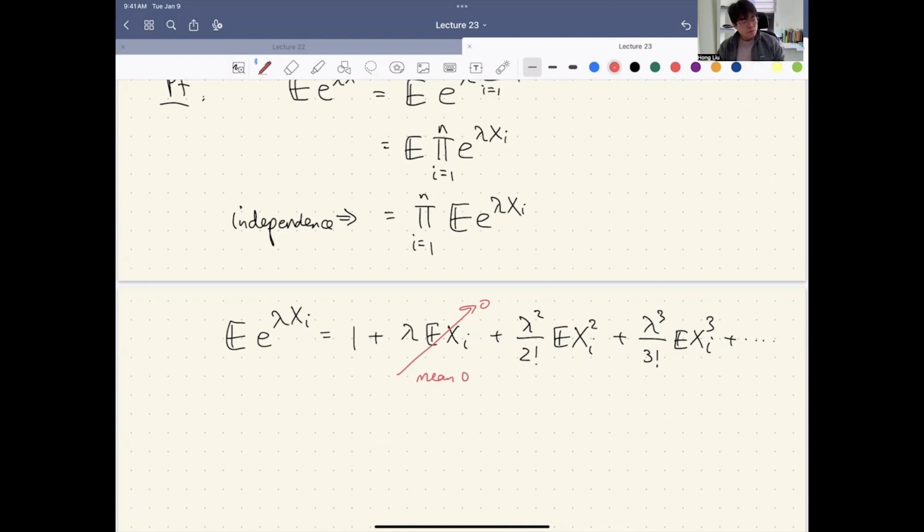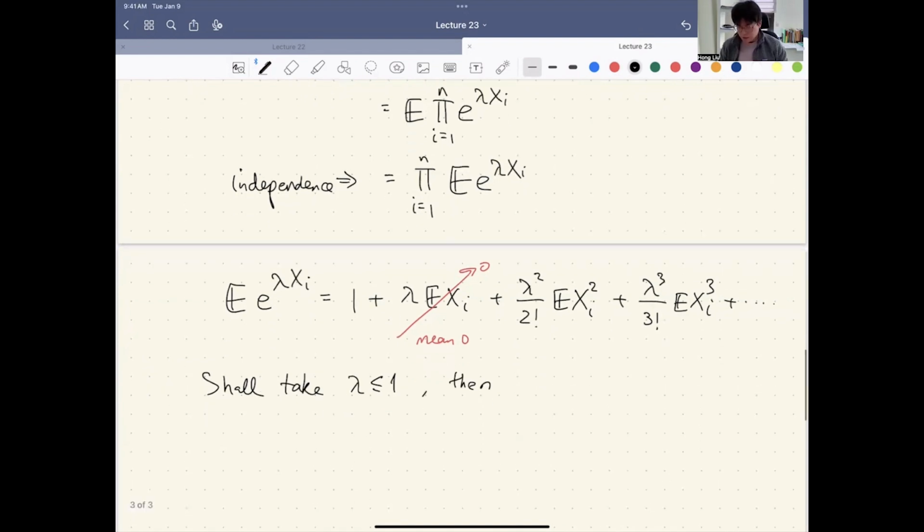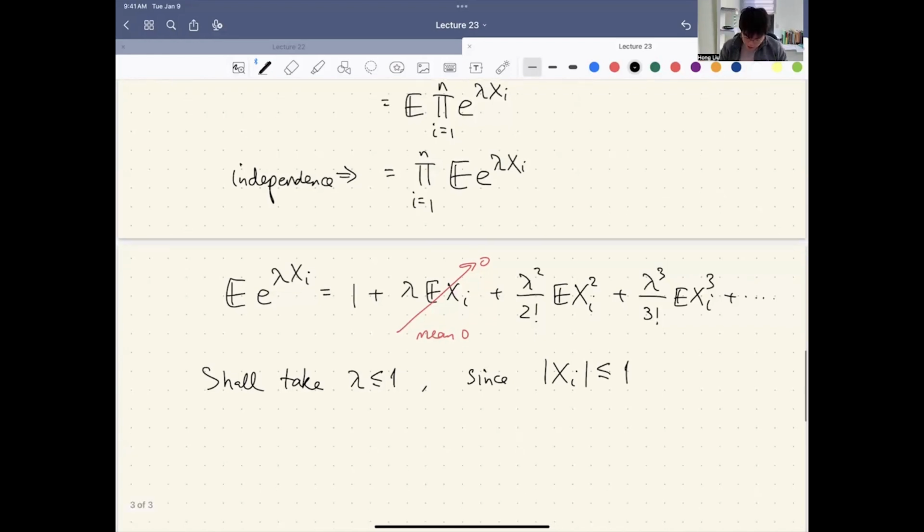So let's assume lambda is at most 1 for now. We should take lambda at most 1. Then if lambda is at most 1, we also have, since xi in absolute value is at most 1, it takes value between -1 and 1, we have this guy is at most.